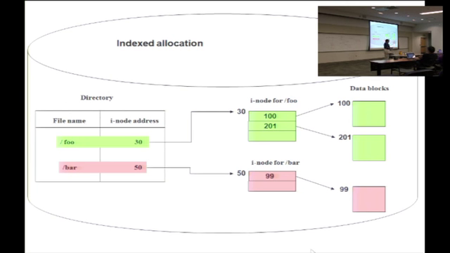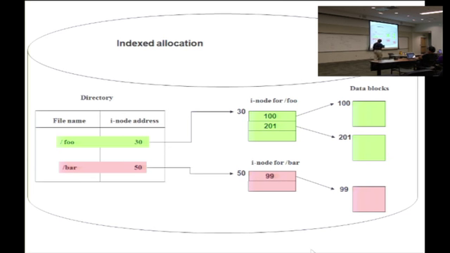So it's sort of like, if you have a yellow pages, you flip to section R to look up my last name, and within that you can then say, where is my phone number, right? That's the same sort of thing that this is doing, which is saying this is the inode for this particular file, which sits at disk block address 30, and the contents of this inode tell me what are all the data blocks that this particular file contains.